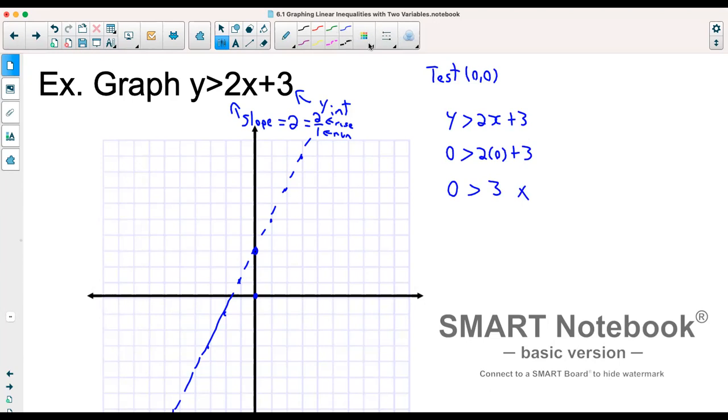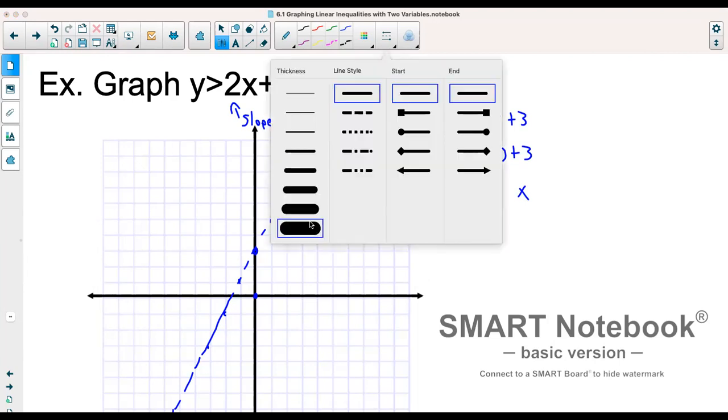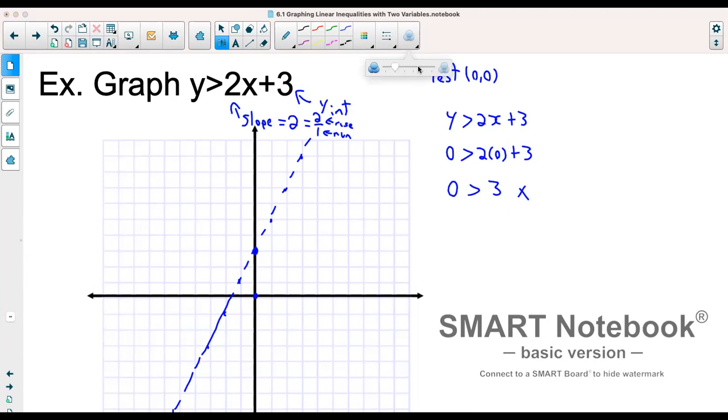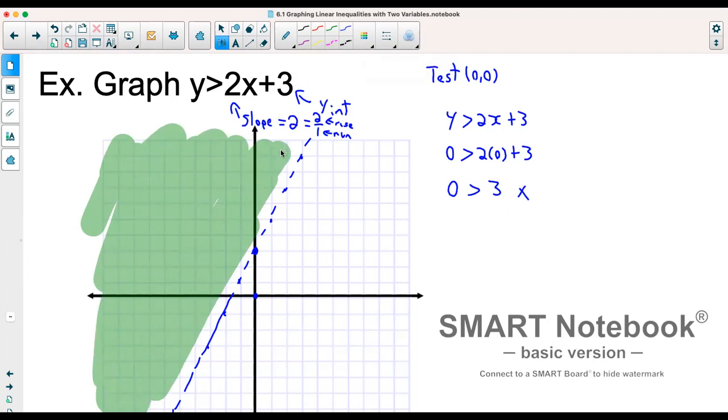So to show that, we will shade that area in. Therefore, any point in the shaded area, if we were to plug it into this inequality, will work.